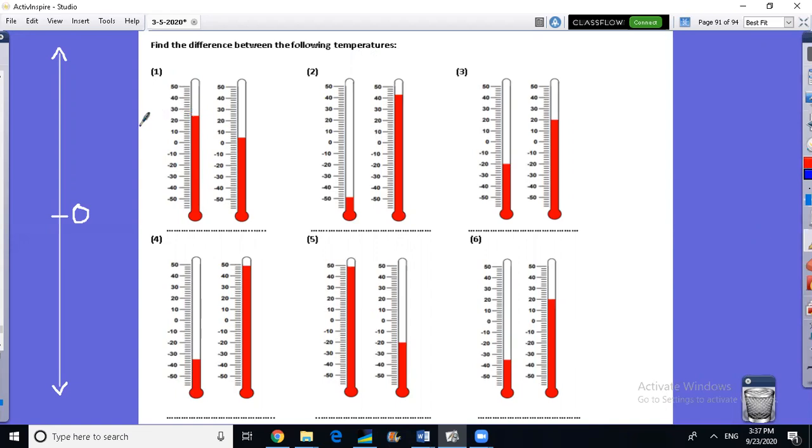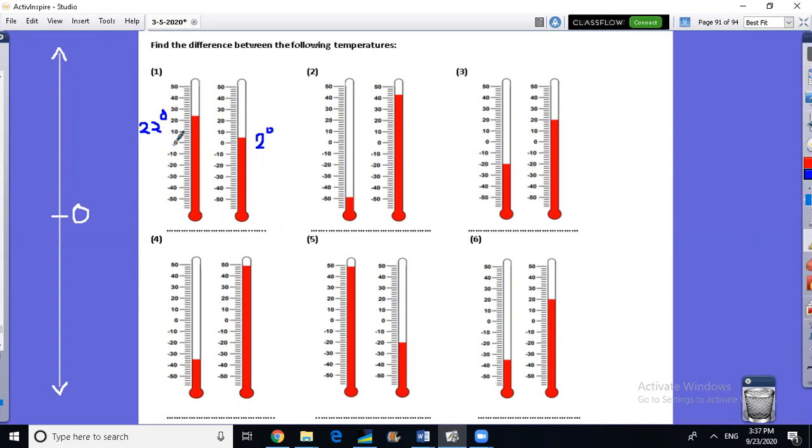This is the first thing that we need to write, 22. What about the second thermometer? It's only 2 degrees above 0, which is just 2 degrees.